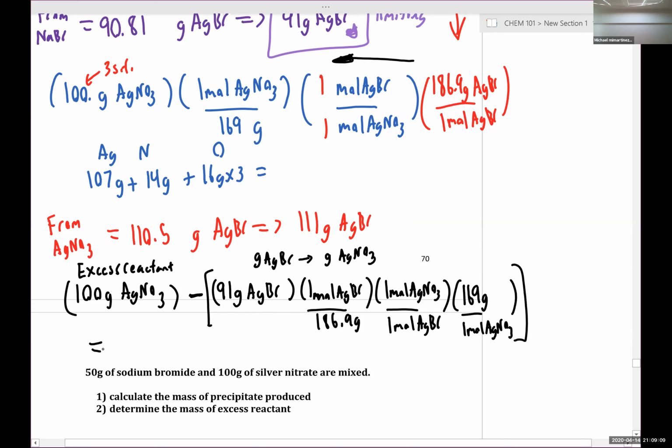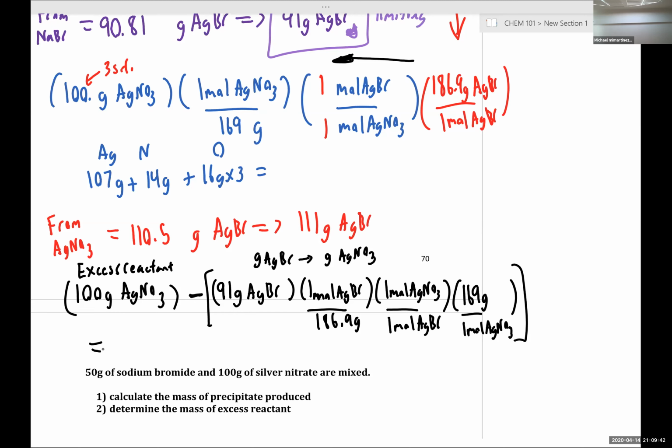How much silver nitrate do we have left over at the end of this reaction? So let's punch this expression into our calculators, and I'd like someone to volunteer and tell me how much excess reactant we have left over at the end of our reaction.